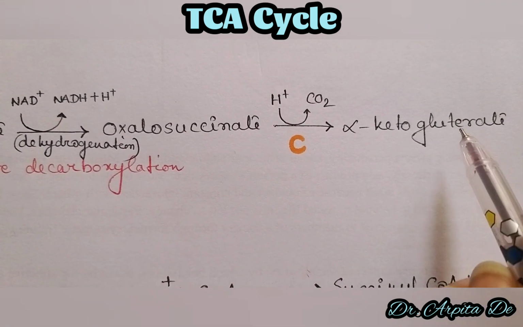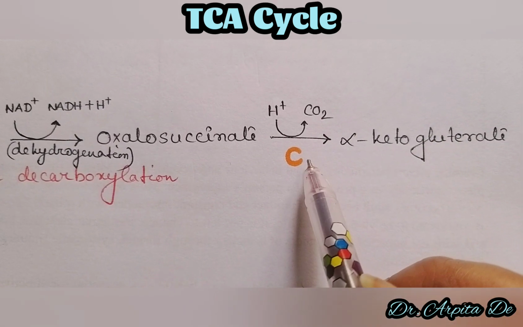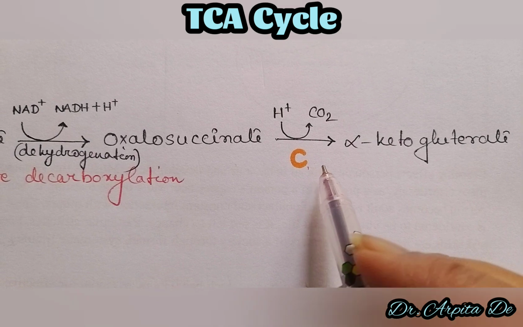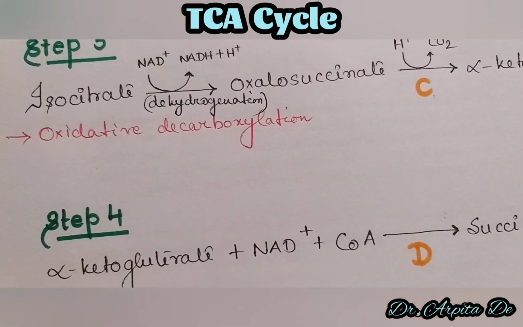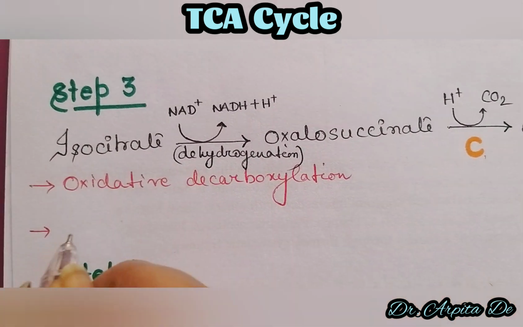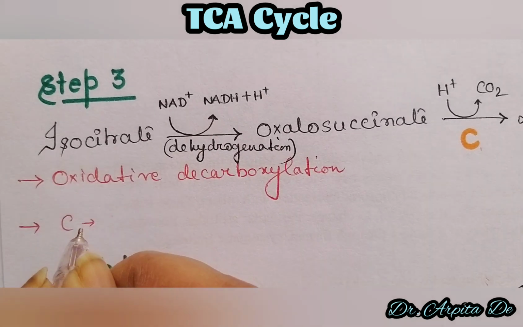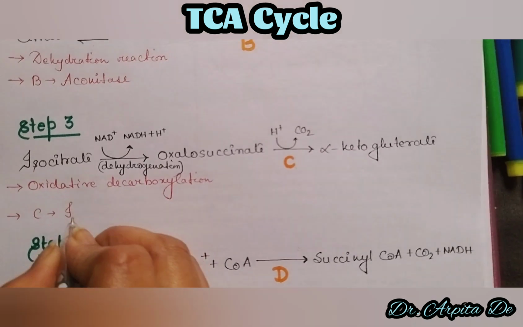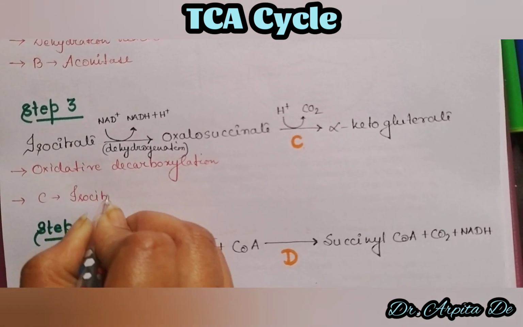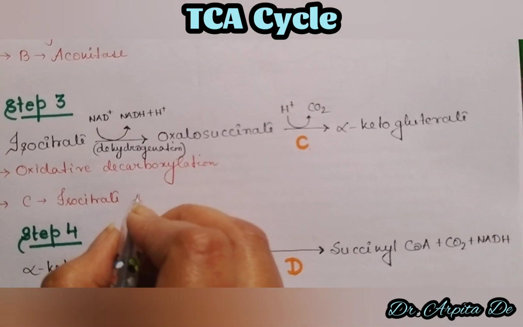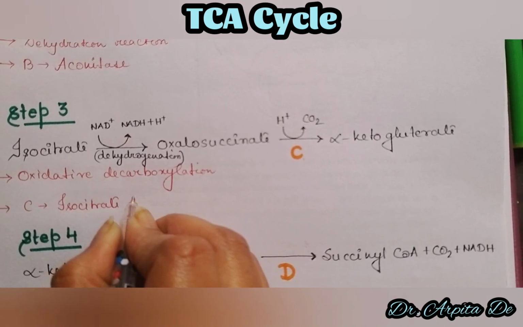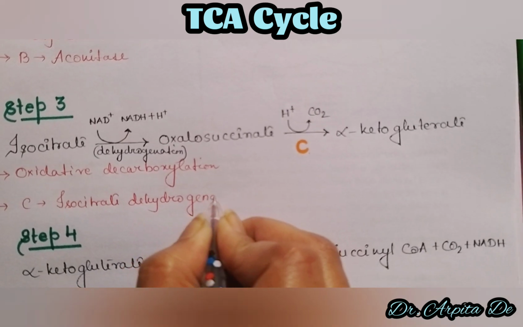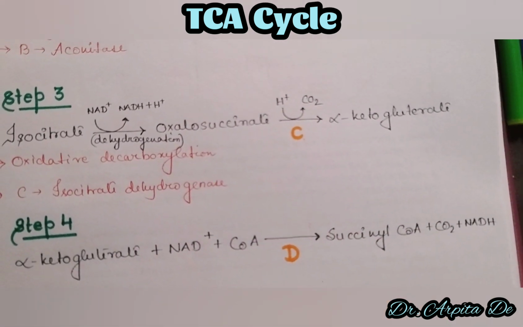This oxalosuccinate is giving us alpha ketoglutarate here, which is mediated by an enzyme called isocitrate dehydrogenase. Fine, isocitrate dehydrogenase, right?